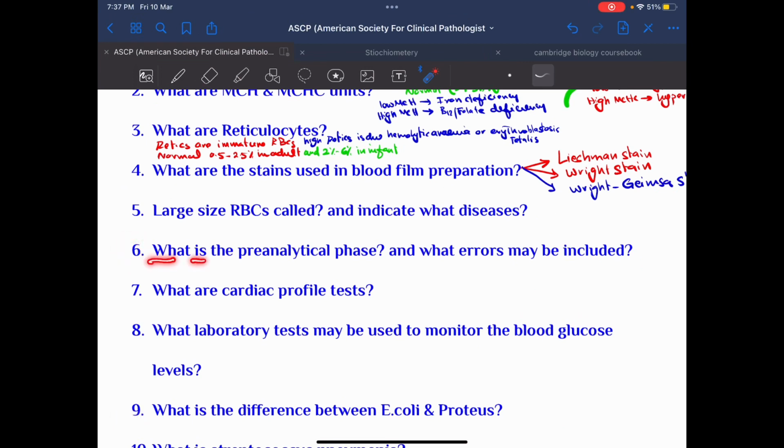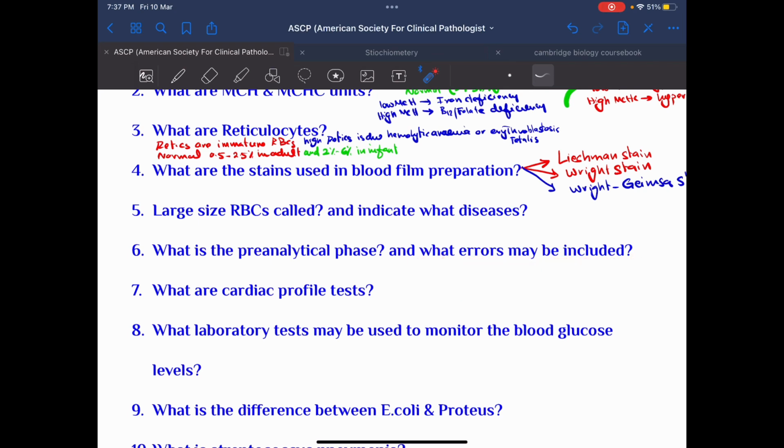Question number 6. What is the pre-analytical phase and what errors may be included? The pre-analytical phase includes all errors that occur before the sample is tested by the machine.